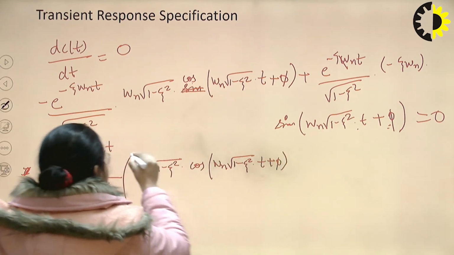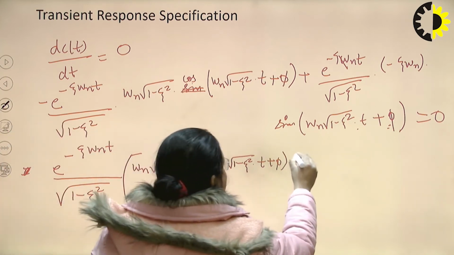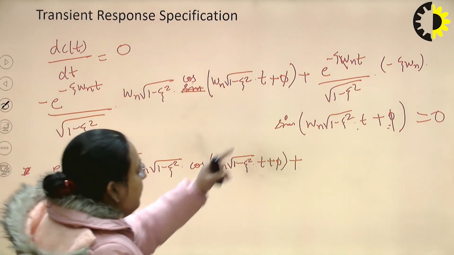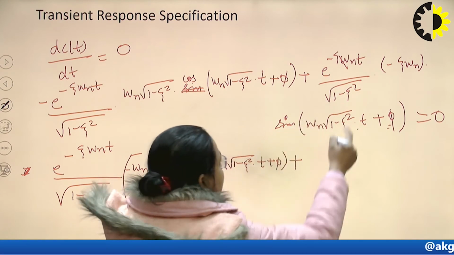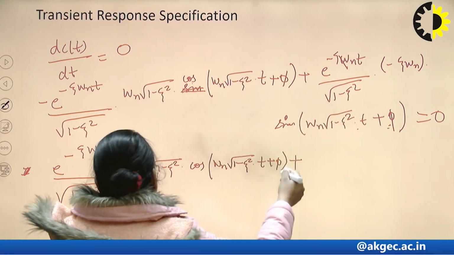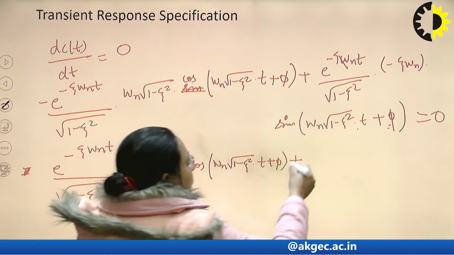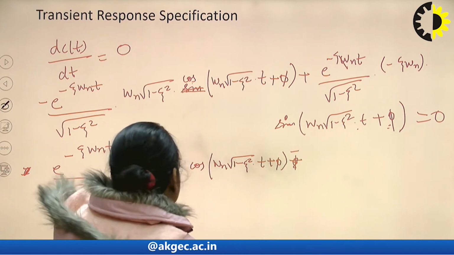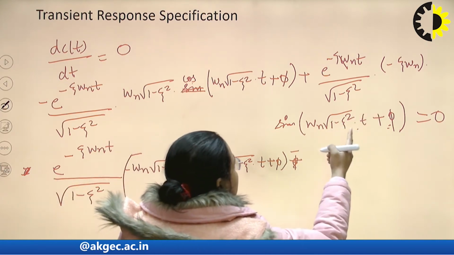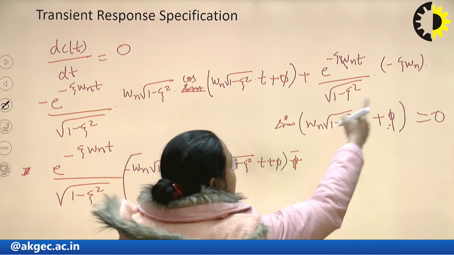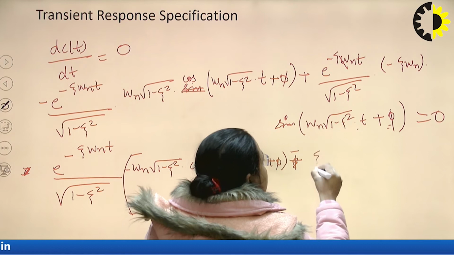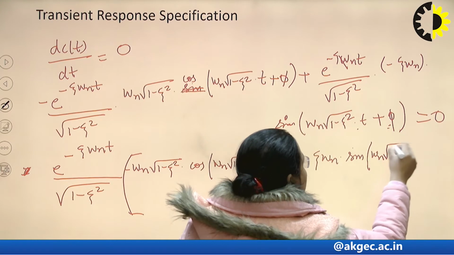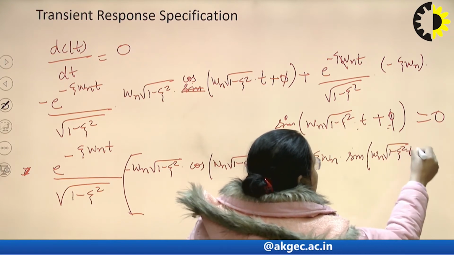And from here we have a plus of this term, with a minus sign, and it will come out to be again a minus sign. So this will be equal to, with what we have taken common, zeta omega n into sine of omega n under root 1 minus zeta square into t plus phi.